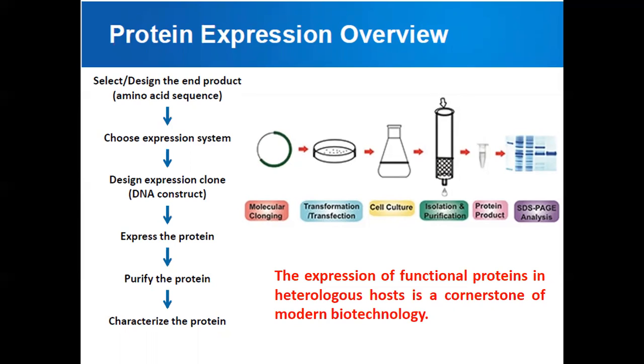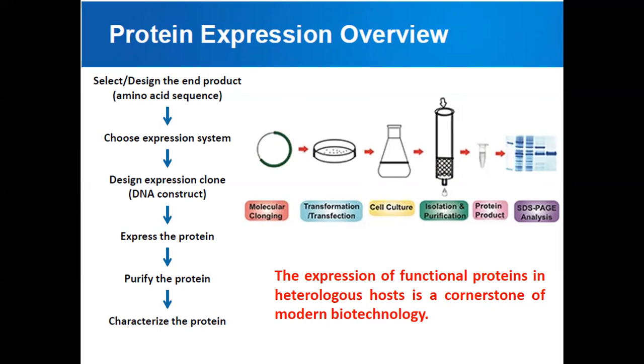Before going into the overview, I would like to say that expression of the functional protein in a heterologous host is a cornerstone of modern biotechnology, because functional proteins are required for the determination of the three-dimensional structure of the protein. It is required as a chemical probe or tool.